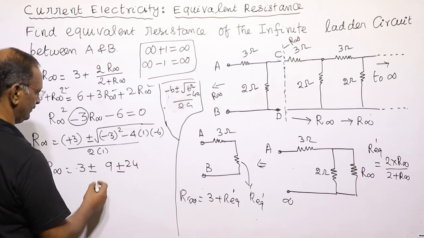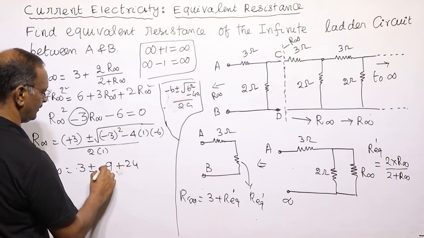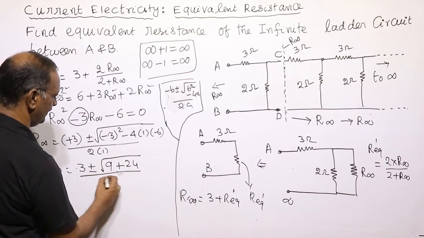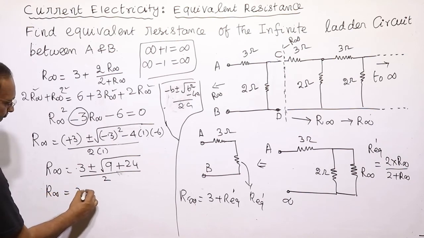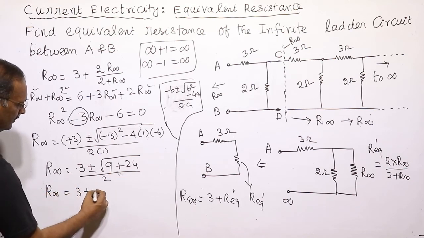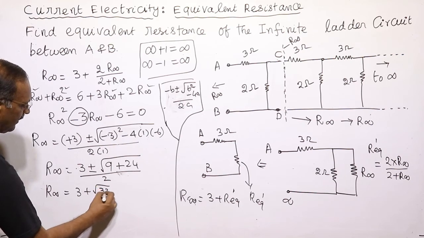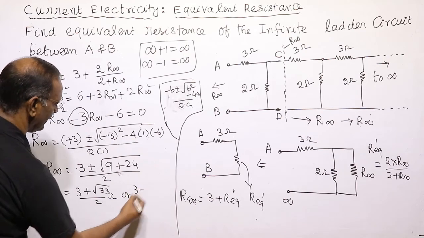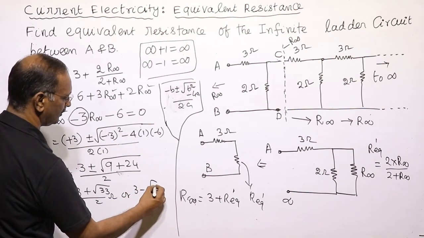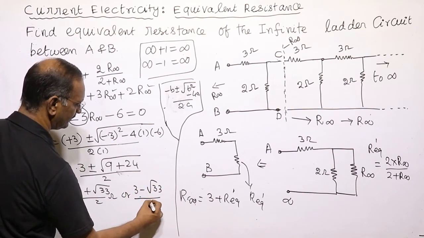So R infinity is equal to 3 plus or minus the square root of 9 plus 24, divided by 2. So R infinity is equal to 3 plus root 33 by 2 ohm, or 3 minus root 33 by 2.